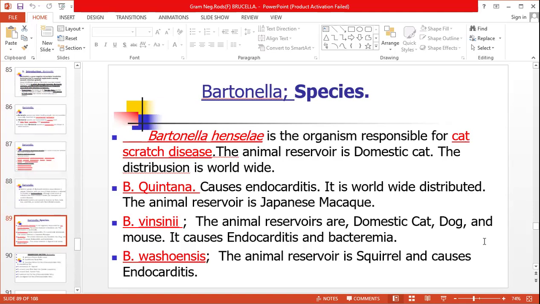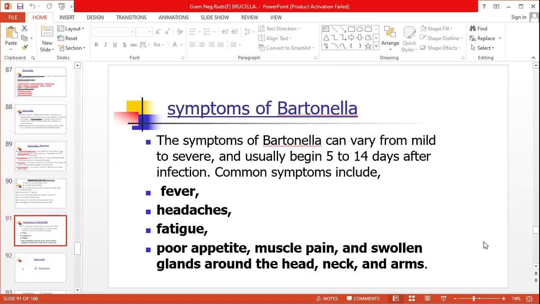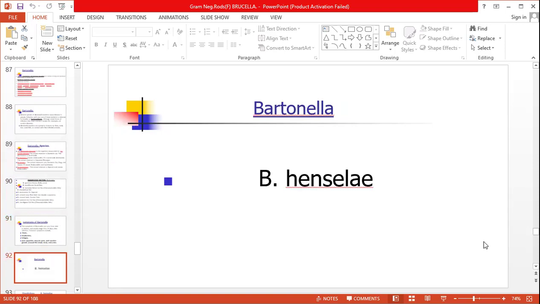Bartonella quintana, Bartonella vinsonii, and Bartonella washingtonensis have different reservoirs and vectors. Symptoms: fever, headache, fatigue, poor appetite, muscle pain, and swollen glands around the neck and armpits.